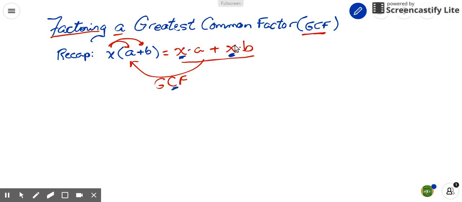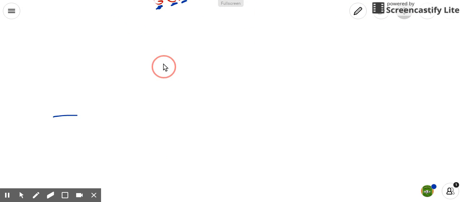Then it's the fact that it's multiplied by a and b here, meaning it's a factor. And it's the largest of all the common factors that we have. So we can take that x out, and where normally with the distributing we multiply through, when we factor a common factor, we divide. So let's take a look at a couple of examples.